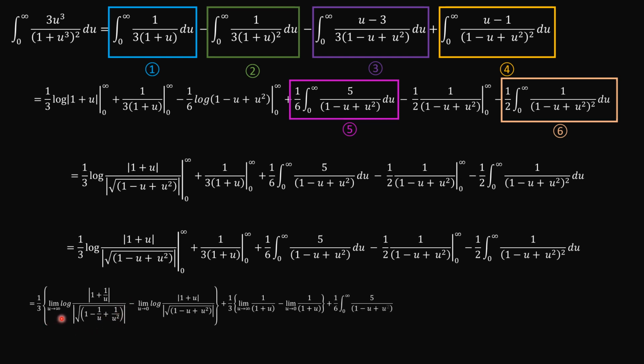So as u tends to infinity of that, minus as u tends to 0 of the same function, and then the second term as well, u tends to infinity of 1 over u minus limit of u tends to 0 of 1 over u. This third term remains as it was previously. The fourth term again, minus half of limit of u tends to infinity of 1 over 1 minus u plus u squared, minus limit of u tends to 0 of 1 over 1 minus u plus u squared. The last integral there remains as it is.